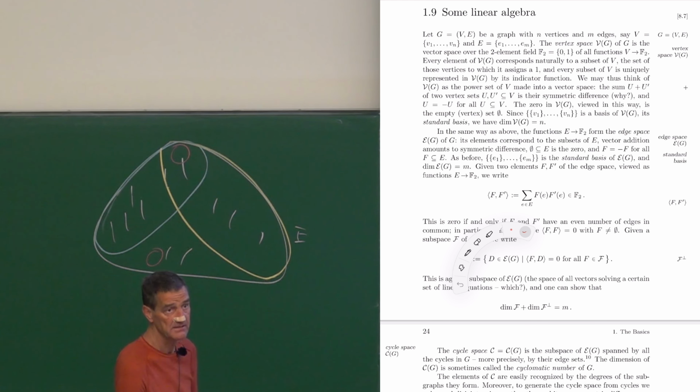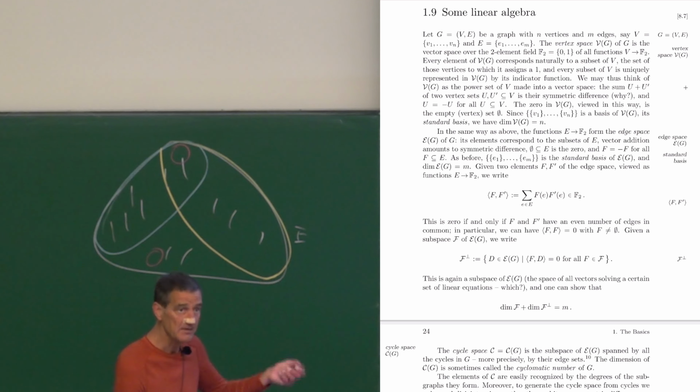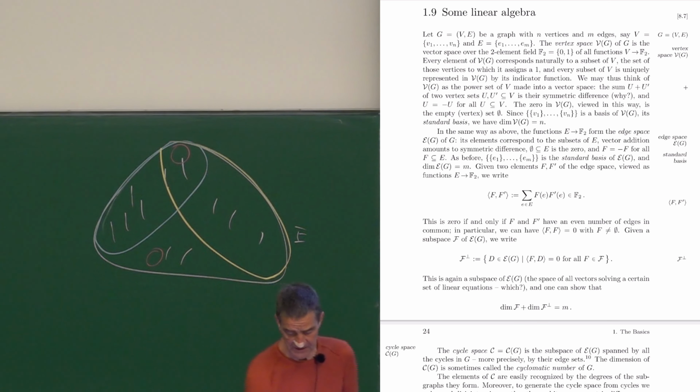As you know it, the set of all vectors that give dot product 0 with every element of the subspace. And the thing to observe here is that this orthogonal space can intersect the original space to which it is orthogonal non-trivially, right? That's because, well, same idea as what we just saw a moment ago. Okay, so that's the definition of the orthogonal space.